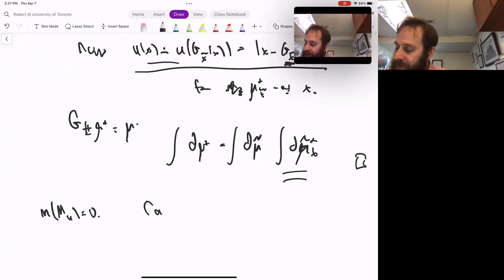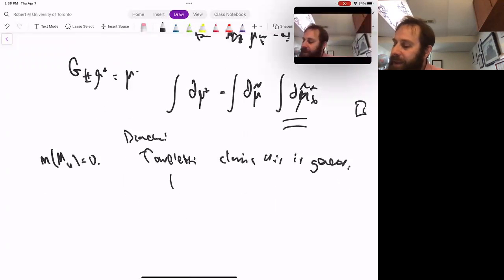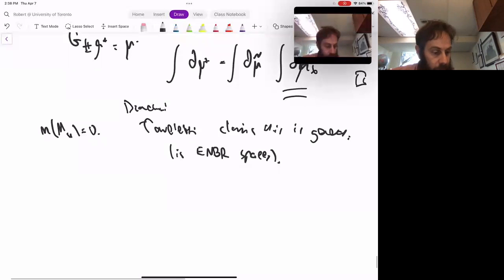And Cavalletti claims this is true, and probably he did this in his thesis work, part of which was published with Bianchini. And he claims it's true, even it doesn't have to be non-branching, it can be essentially non-branching. Okay, so let's take that article of faith.